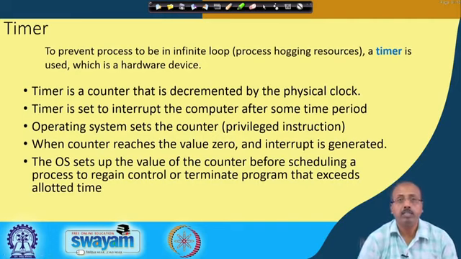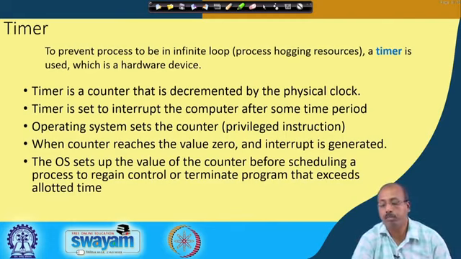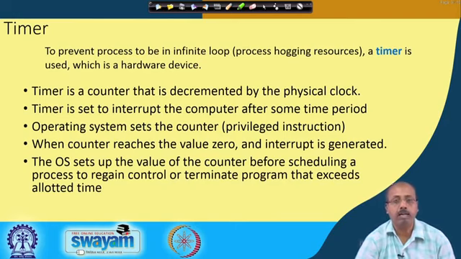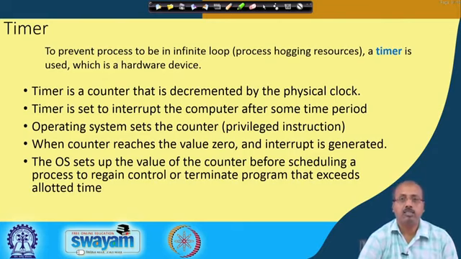Many a time we need to have some timers. A timer is used to prevent the processes from being in an infinite loop. A timer is a hardware device. When you start a process, how do you know that this process is taking too much of system resources?